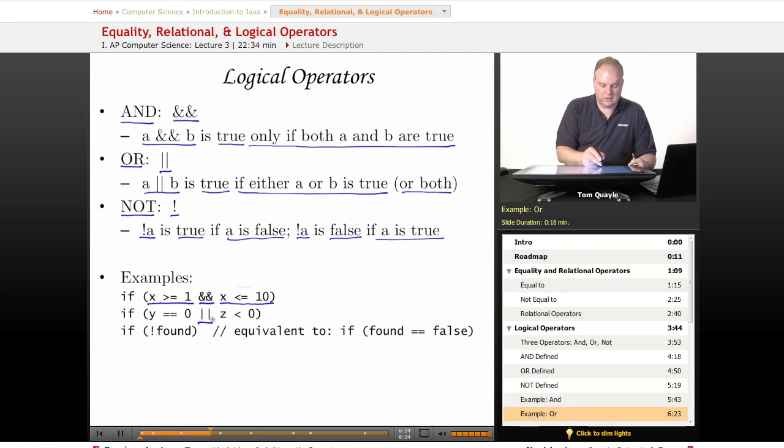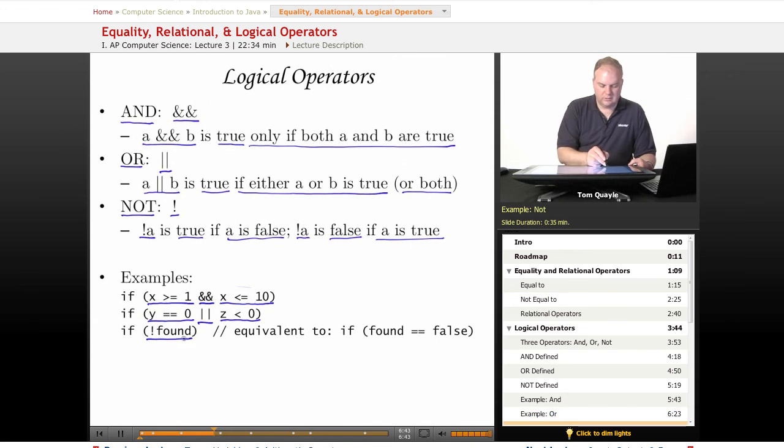Here's an example with OR. If y is equal to 0 or z is less than 0. If either one of these is true, or both of them is true, then the entire compound expression is true. And here's an example with not.